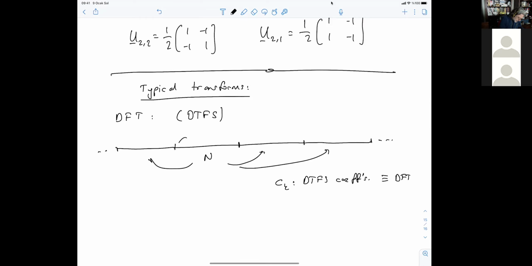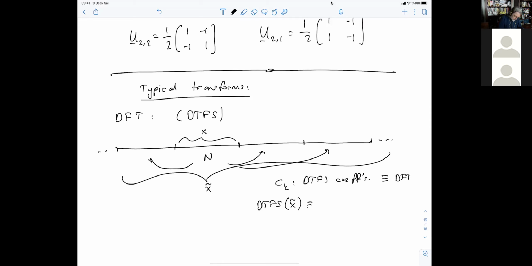Our signal is here, it is x. The expanded signal is, let's say, x tilde. So DTFS of this x tilde is equal to the discrete Fourier transform of x.